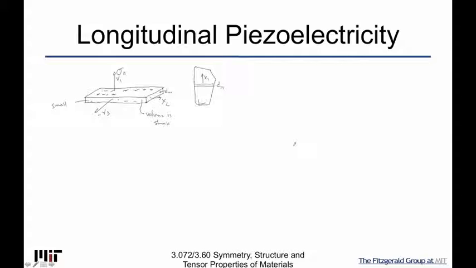Now, of course, what this means is that I would have another sample, and I would cut this off, and this would be x1 prime and D111 prime. And they're actually in a different direction.